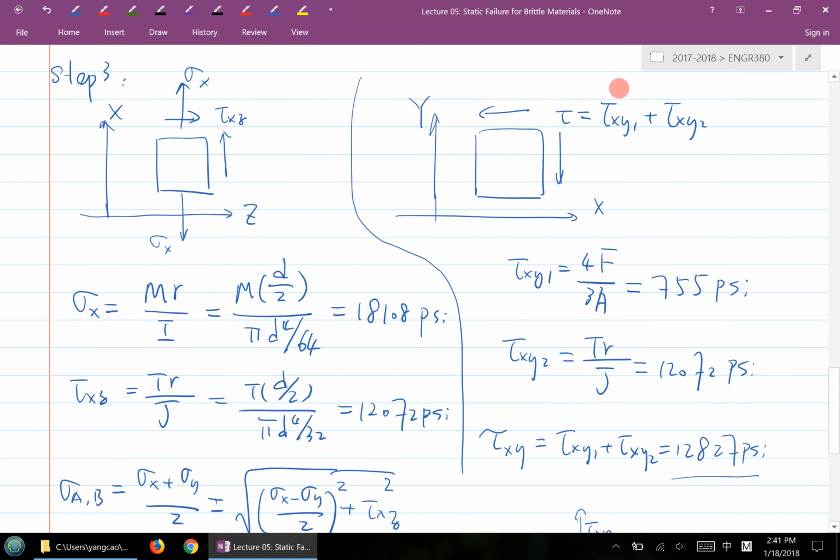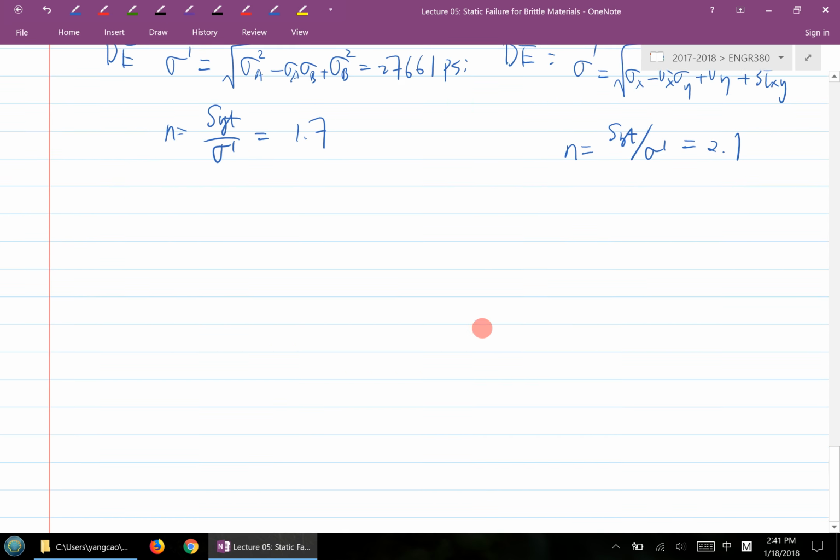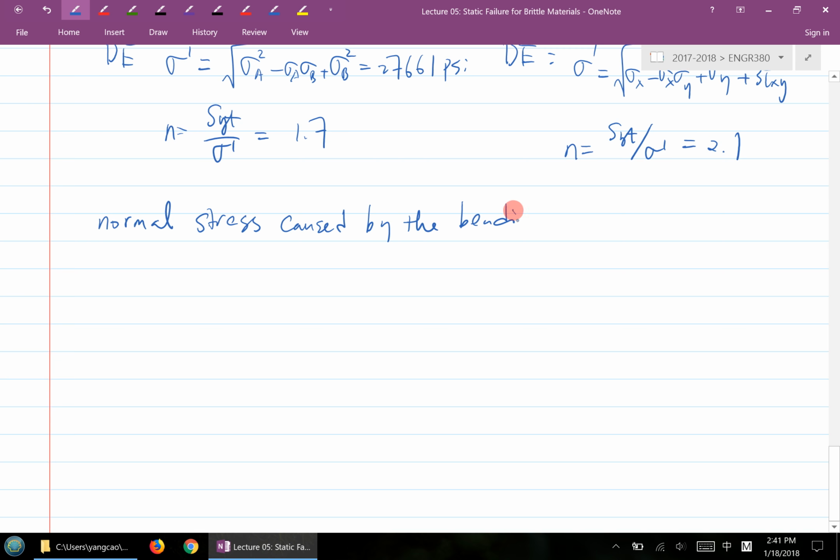So what this basically tells us is that we're comparing the two maximum conditions.